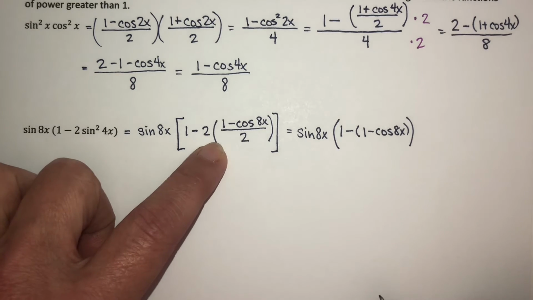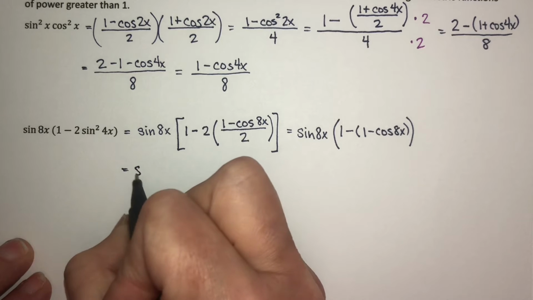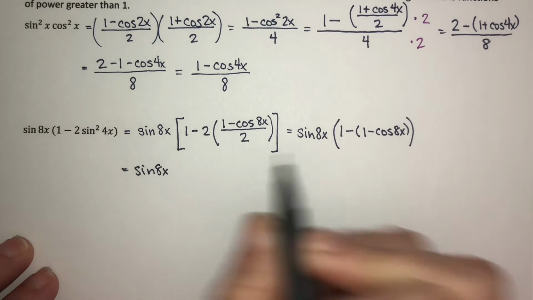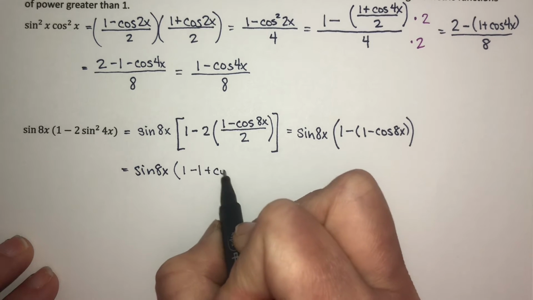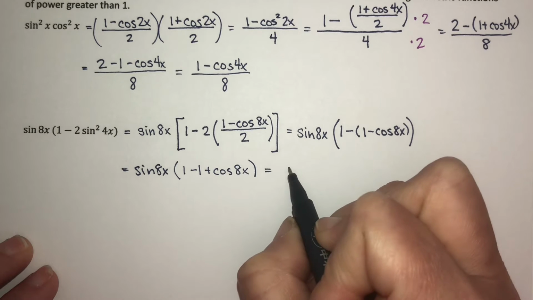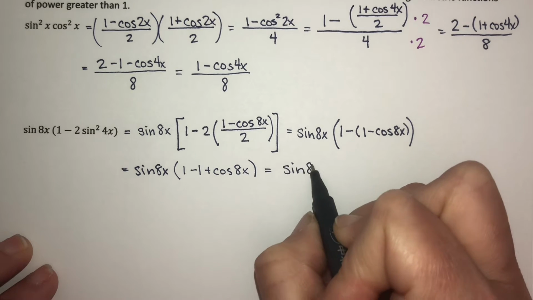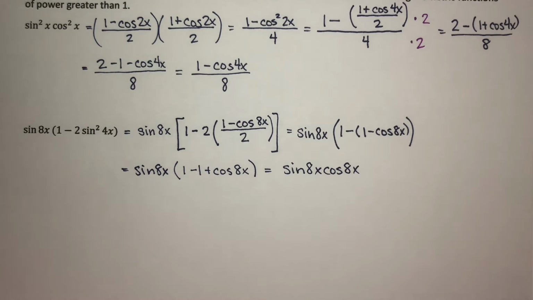So I have sine of 8x times 1 minus 1 plus cosine of 8x. So I have sine of 8x cosine of 8x.